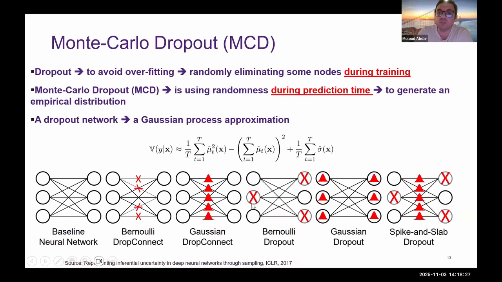In some of them the nodes are excluded, like Bernoulli dropout or Gaussian dropout, where the nodes are based on a distribution. And the other type is spike-and-slab dropout, which also excludes some nodes, and the connections between the nodes are distribution-based.